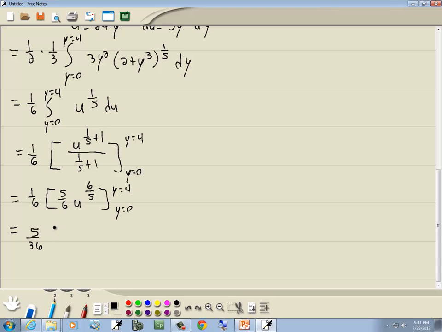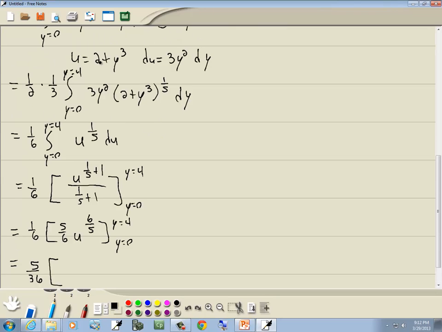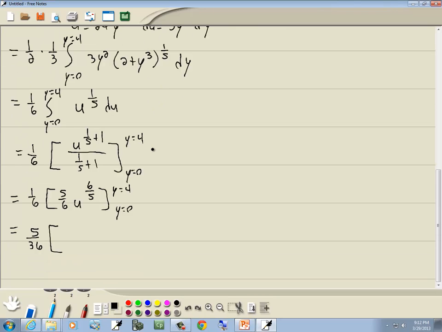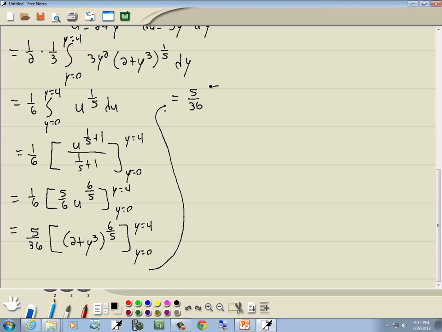And now I'm going to plug my u back in. Up above, we said u was 2 plus y to the third. So I'll put that back in. So I got 2 plus y to the third to the 6/5 power. And now plug in these values here. So that gives me 5/36. And then I have 2 plus, I put 4 in for the y.